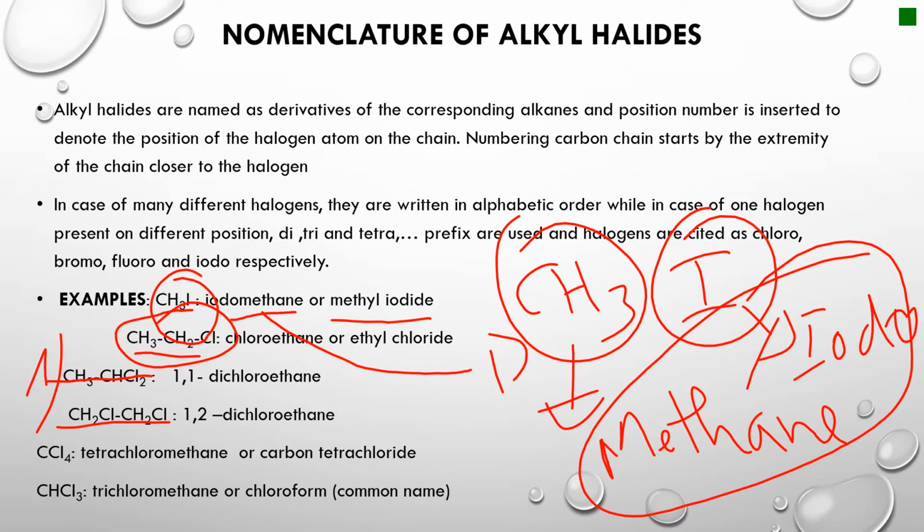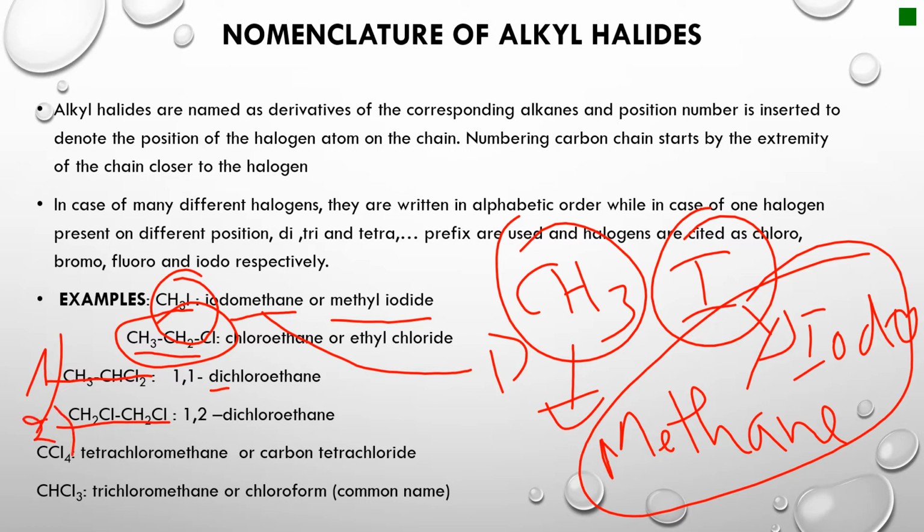That's why in the name we indicate their position by saying 1,1-dichloroethane. 1 indicates the position of the halogen, while di indicates how many there are. They are on the first carbon and they are 2. That's why the name is 1,1-dichloroethane.